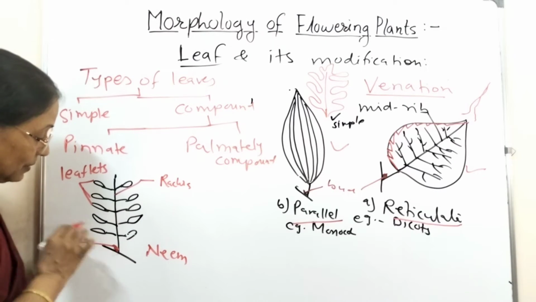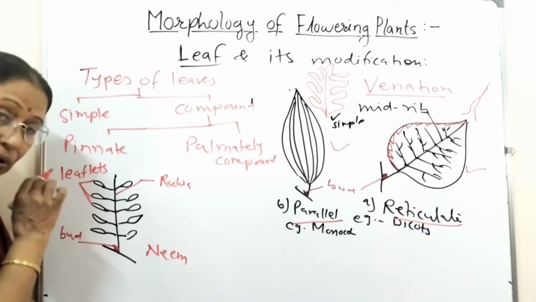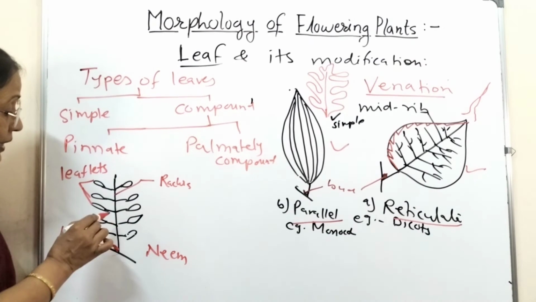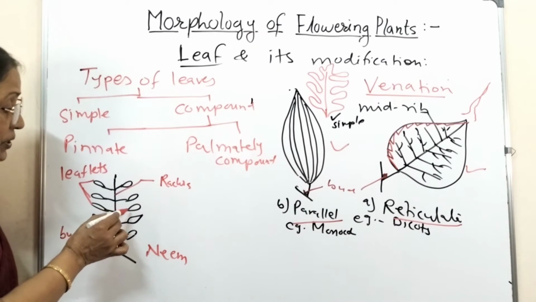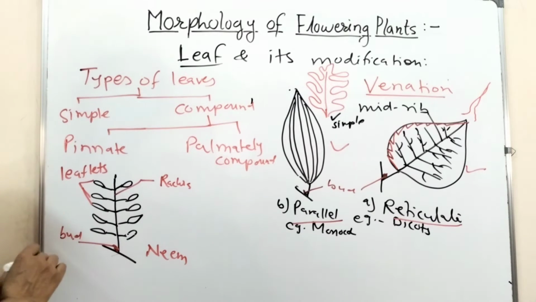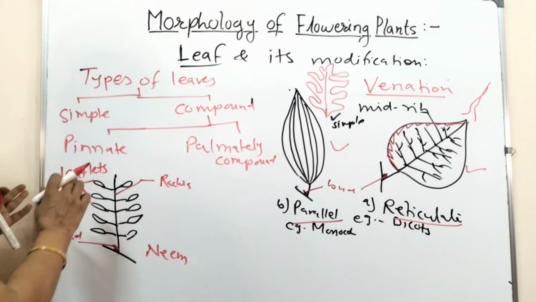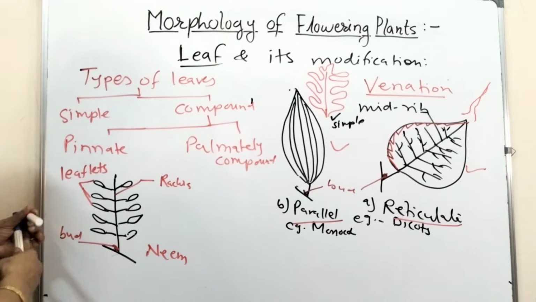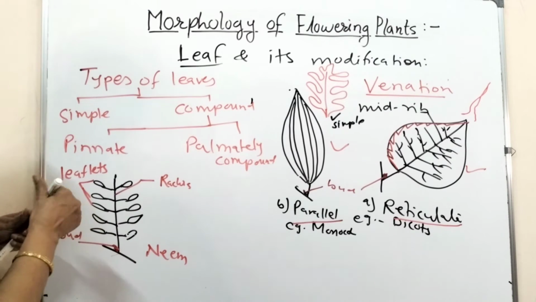At the base of the petiole of the compound leaf, but not at the base of the petiole of the leaflets. यहाँ कहीं भी आपको बड नहीं मिलेगा. So this is the pinnately compound one, जहाँ पे आप देख रहे हो कि इस तरह से इंसिजन्स आके कट कर रहे हैं.